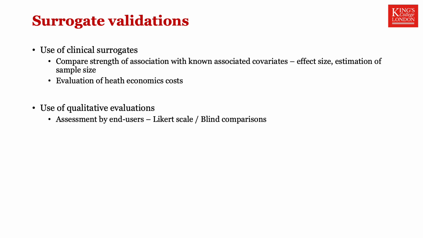Finally, in some cases, one of the best ways to go is to use qualitative evaluations or blind testing, such as Turing tests, where you ask your end users to compare blindly the solutions that you propose to solutions that have been proposed either by another commonly accepted method or by manually performed tasks.